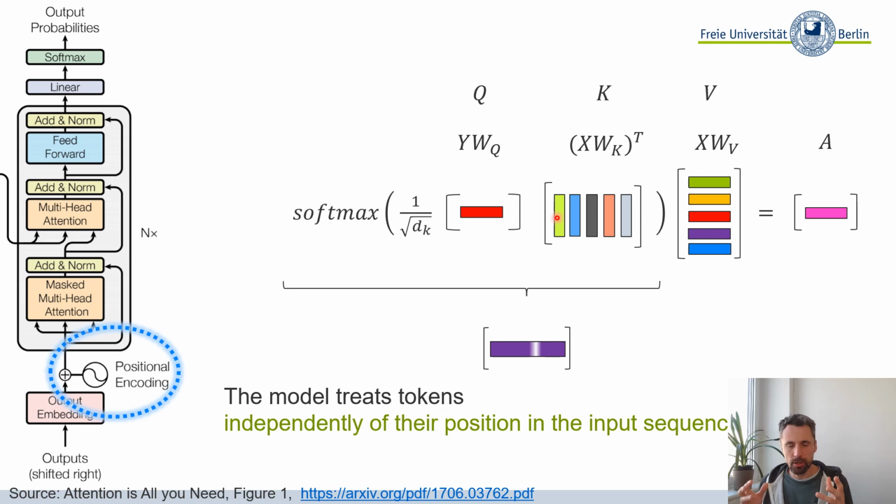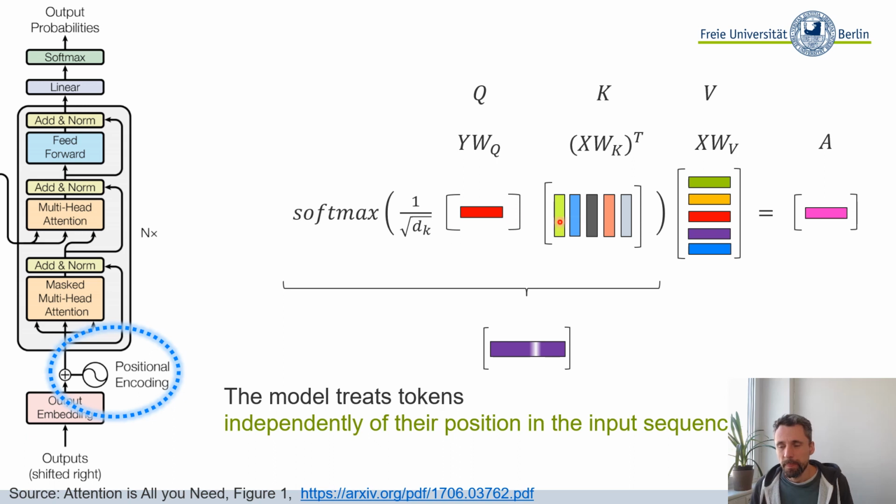And these representations don't know how to integrate this kind of information. Implicitly, yes, there is some sequence information in here, but the representations don't know anything about it. And it turns out that it's very important to have this kind of information for the model to learn anything meaningful.